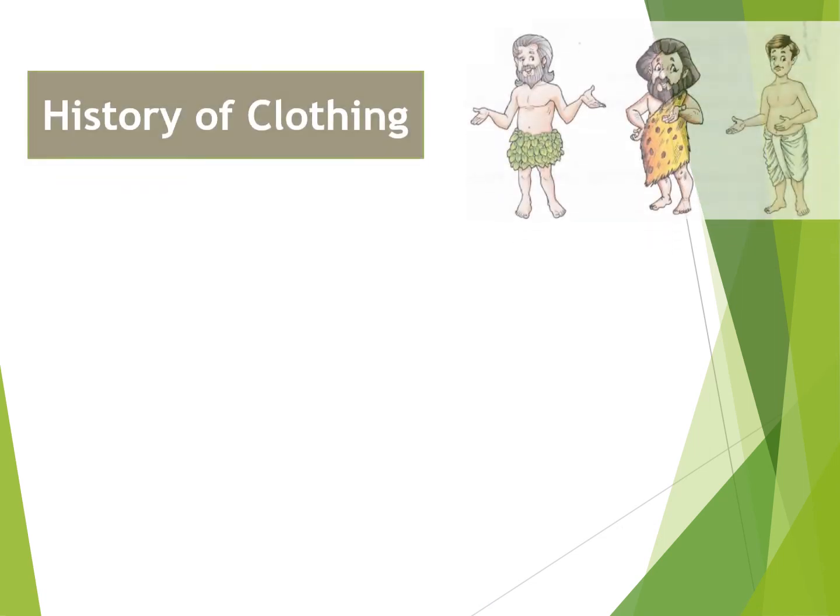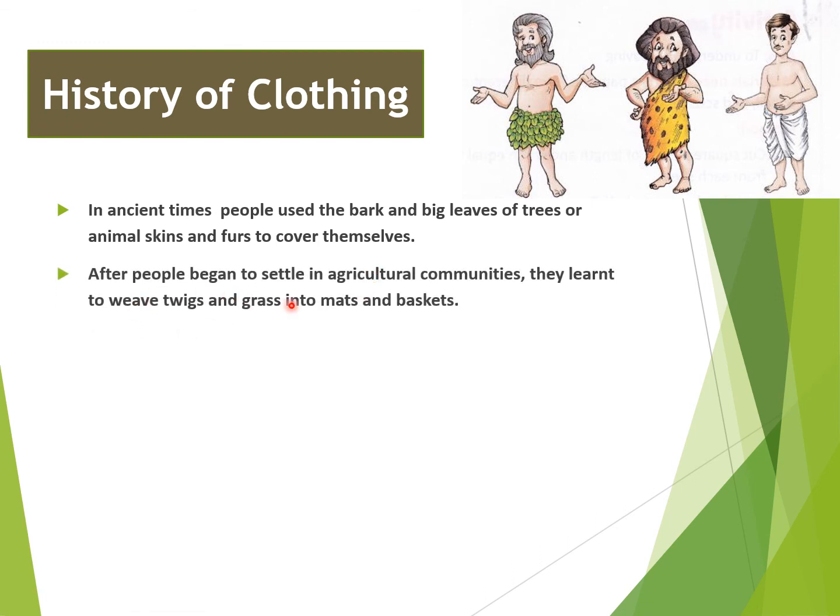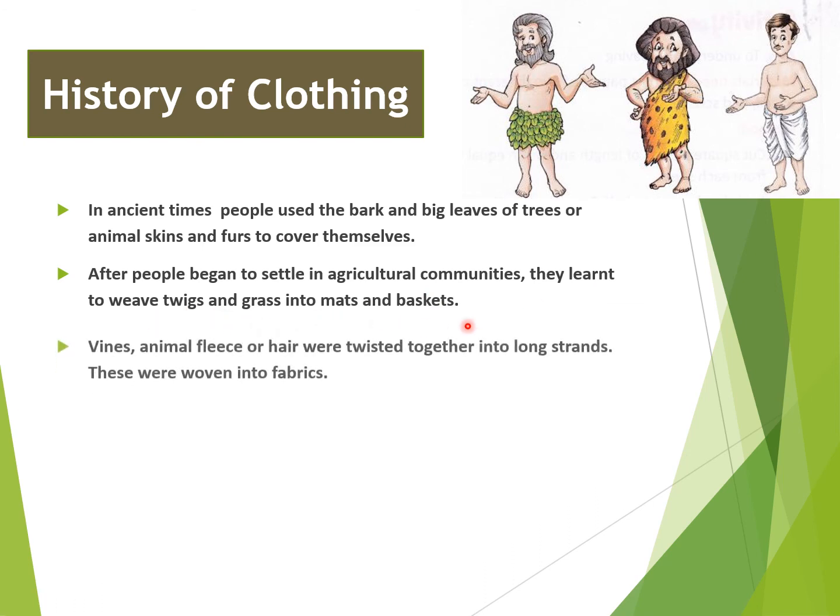Now understand about the history of clothing. In ancient times, people used the bark and big leaves of trees and animal skins and furs to cover themselves. After that, people began to settle in agricultural communities. So they learned to weave twigs and grass into mats and baskets.